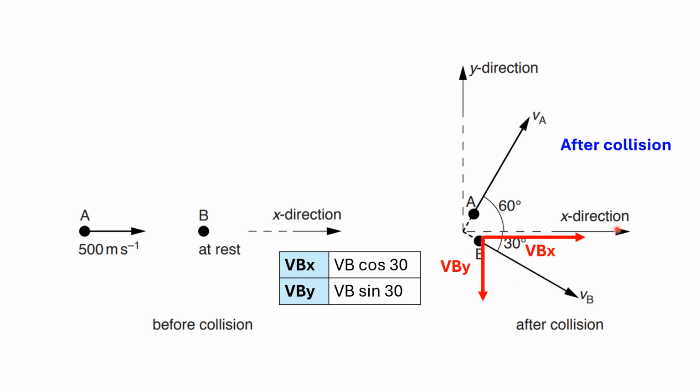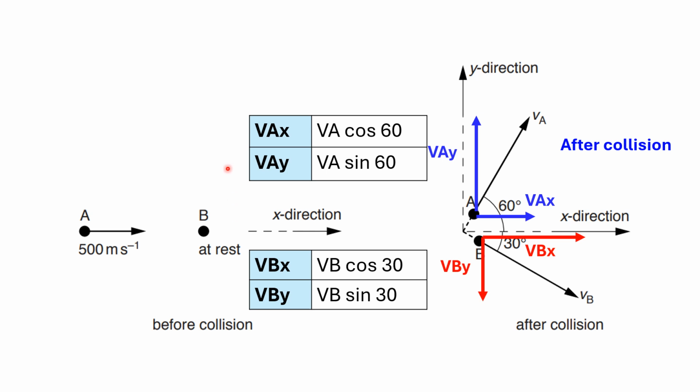The x component is close to 30 degrees, so the expression is VB, the value of the velocity B, cosine of 30, and the vertical component, or y, is away from 30, so we are using VB times sine of 30. Here we have the velocity components of both particles A and B, along with their corresponding trigonometry expressions.